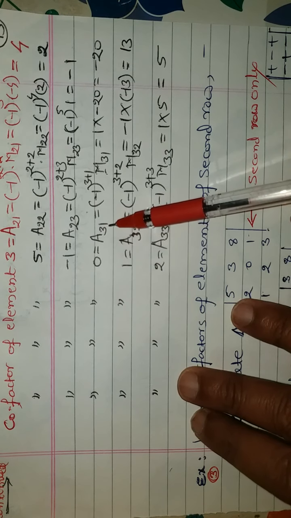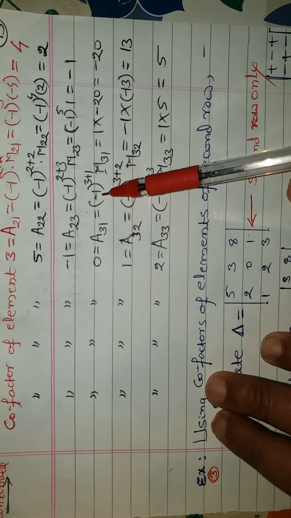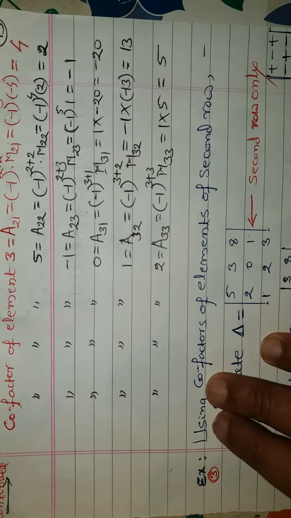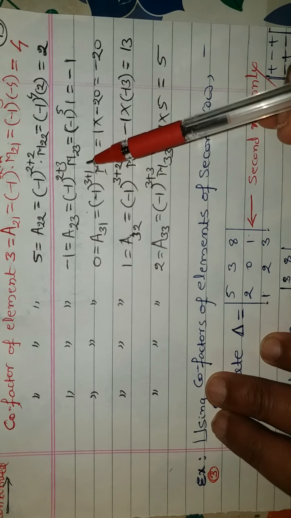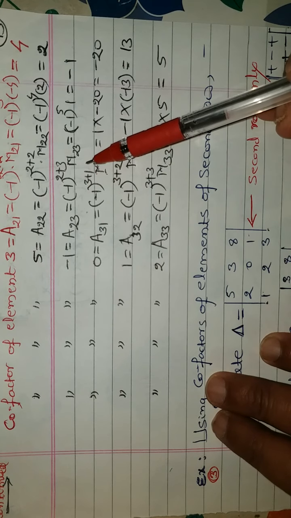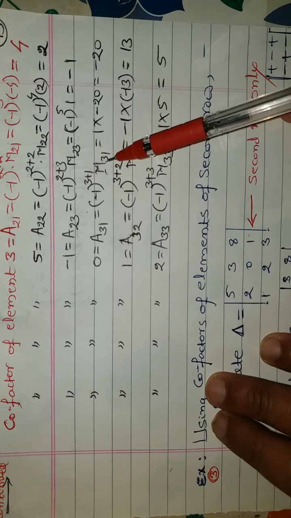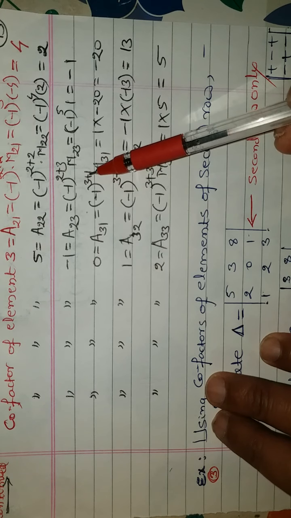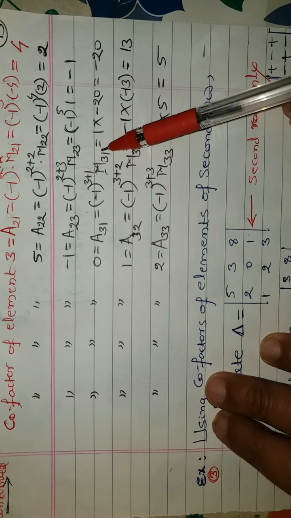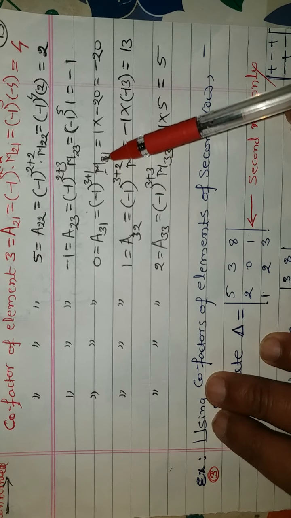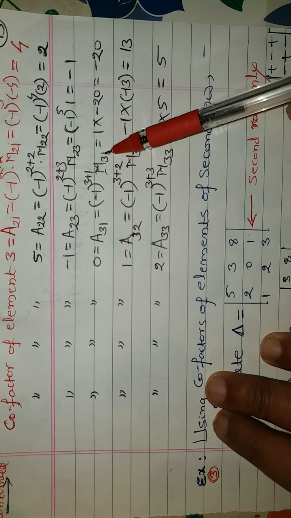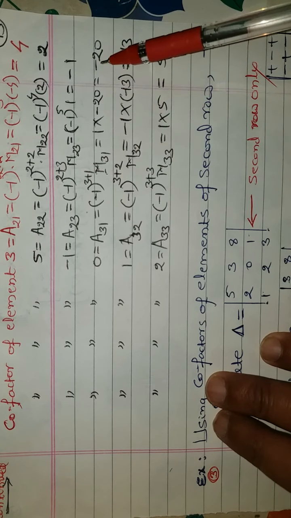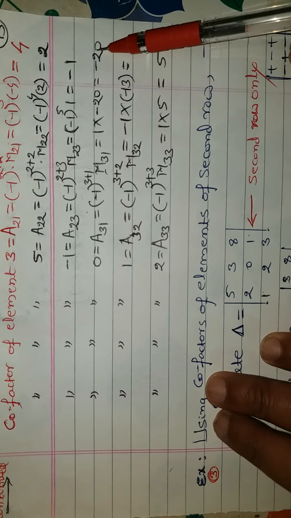That equals minus 1 to the power of third row, first column, which gives 3 plus 1, that is 4, minus 1 to the power of 4 into M31. Then the minor of the A31 element is minus 20. 1 into minus 20 gives minus 20.